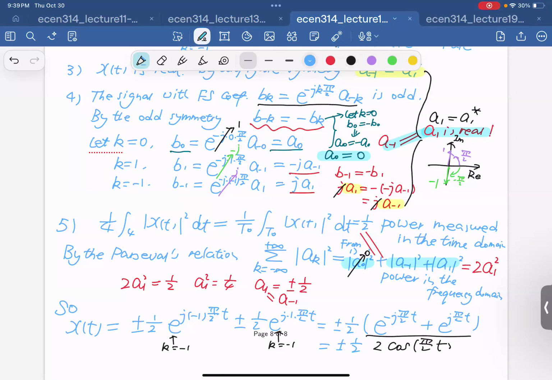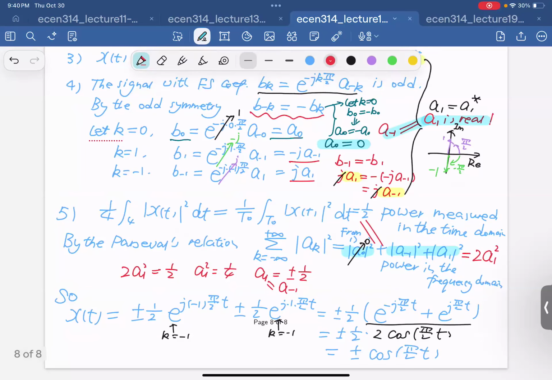In the end, this 2 and 2 cancel each other, and we have plus or minus cosine half pi t, and that is our final solution. Okay, so x of t equal to plus or minus cosine half pi t.